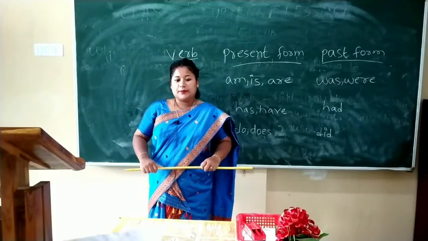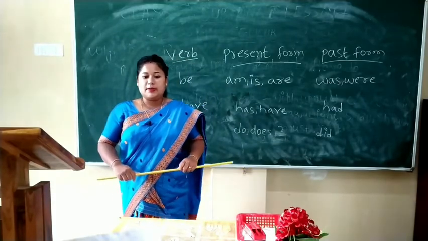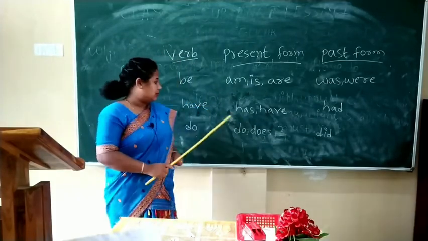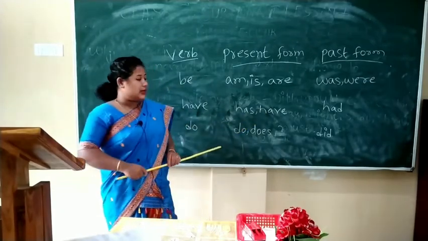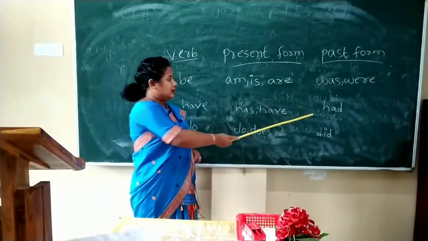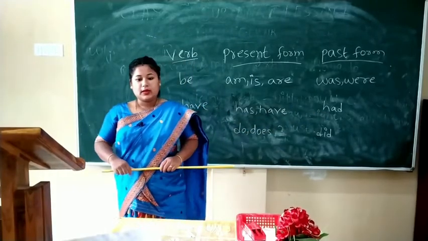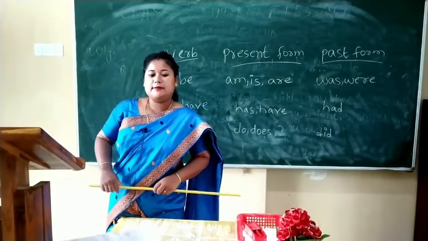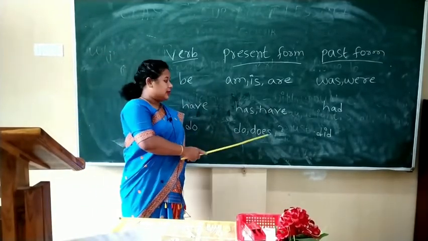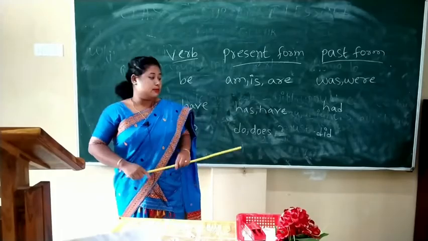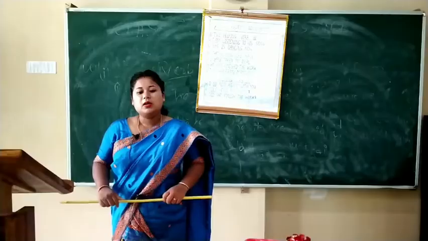In the same way, we can write the present form of verb have as has and have, and in the past form, we can write had. Again, we can write the present form of verb do as do and does, and in the past form, we can write did.